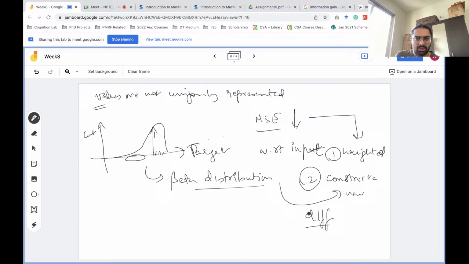So these are the three ideas you can use to deal with problems of class imbalance in some more detail. Okay, so that is the thing.